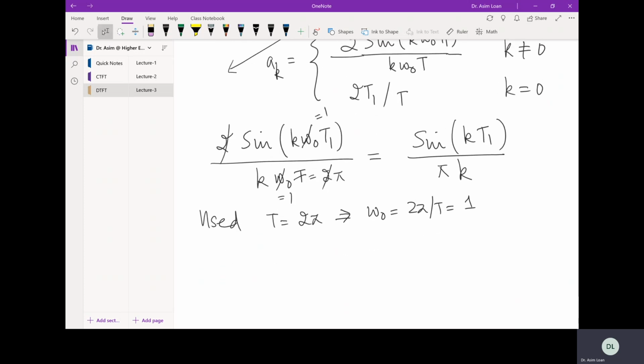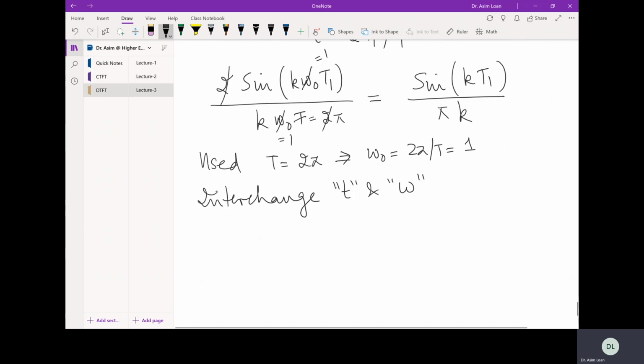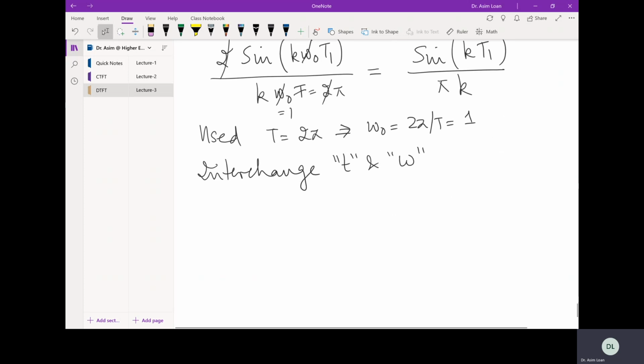And then what I do is I interchange t and omega. So when I interchange t and omega, I get X of e^{j omega}. So X of e^{j omega} becomes 1 for absolute value of omega less than or equal to t1, and 0 for t1 less than omega less than or equal to pi.